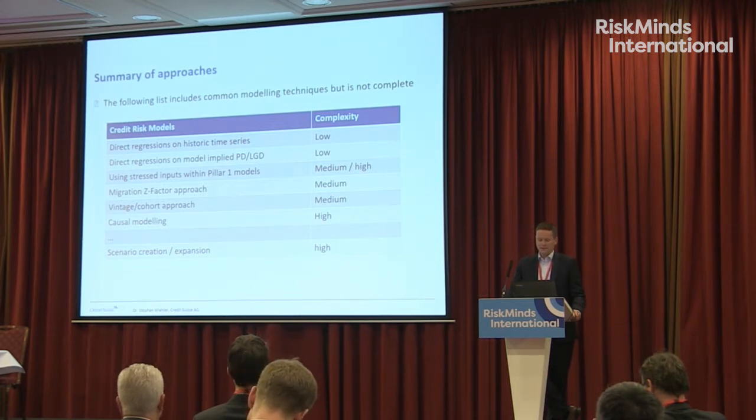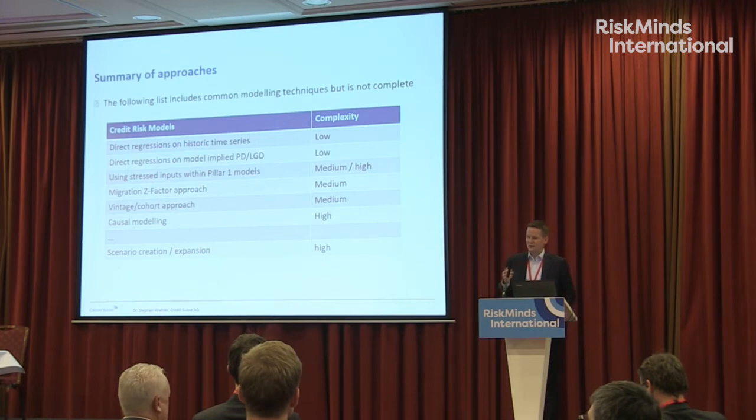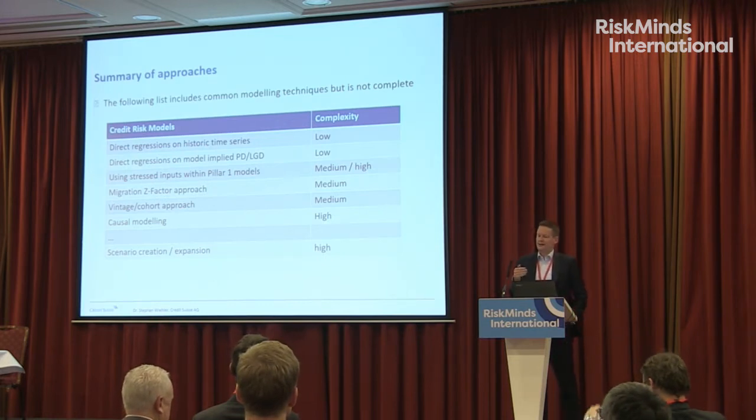And then you have a relatively new discipline of causal modeling, where you consciously deviate from your Pillar 1 models and from PD and LGD and really try to model each and every individual in your portfolio. And what I mean by that is that you actually look at the client's affordability, that you look at the client's vulnerability against interest rates by really looking at his contract.